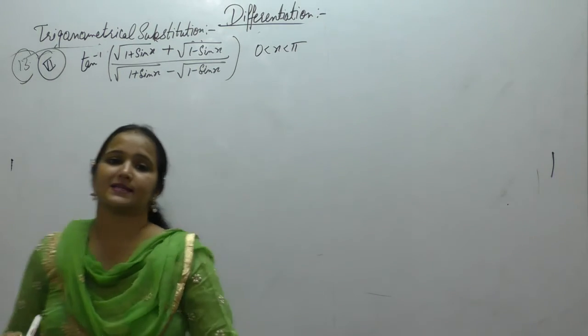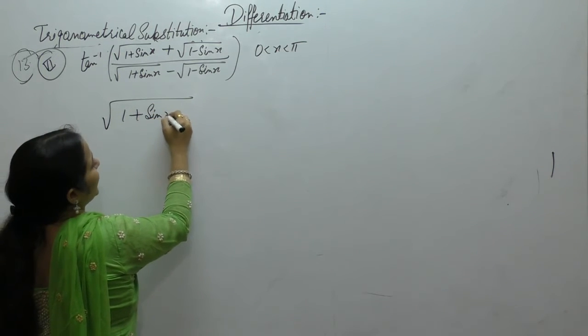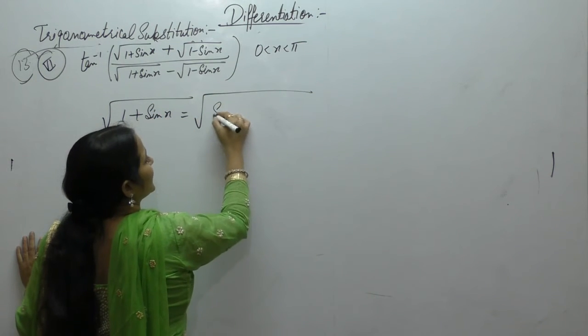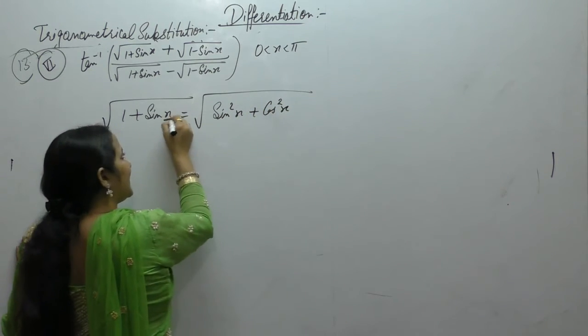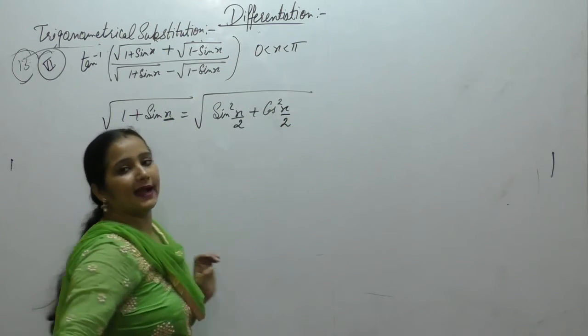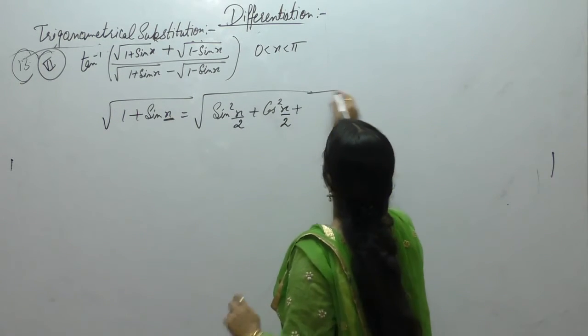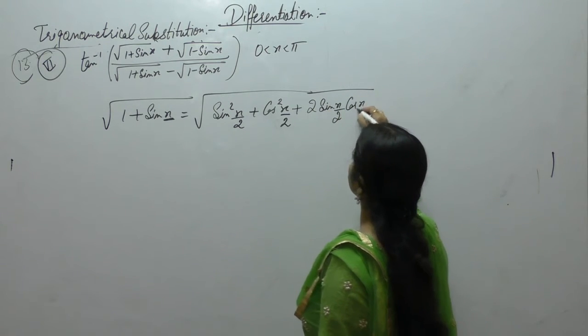1 plus sin x, we can write 1 as sin square x plus cos square x, but here the angle is half, so we will write it this way, and sin x is 2 sin x by 2 cos x by 2.